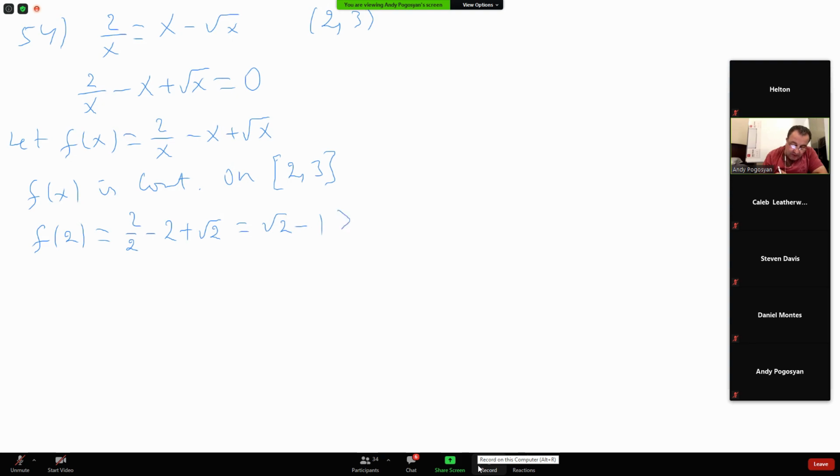It's positive, greater than 0. f at 3 equals 2 over 3 minus 3 plus square root 3, which equals, let's say, square root 3 minus 7 thirds, which is less than 0. 7 thirds is 2 point something, and square root 3 is smaller than 2. So we have f of 2 not equal to f of 3.